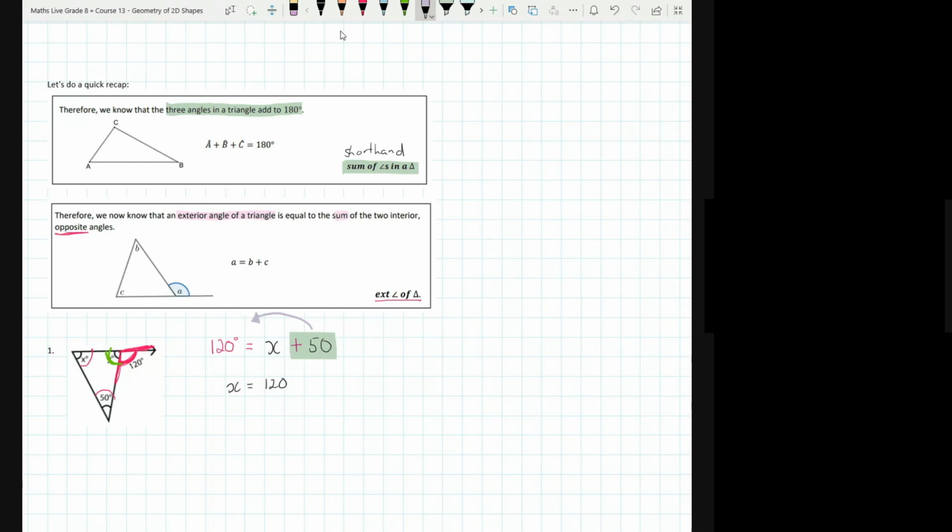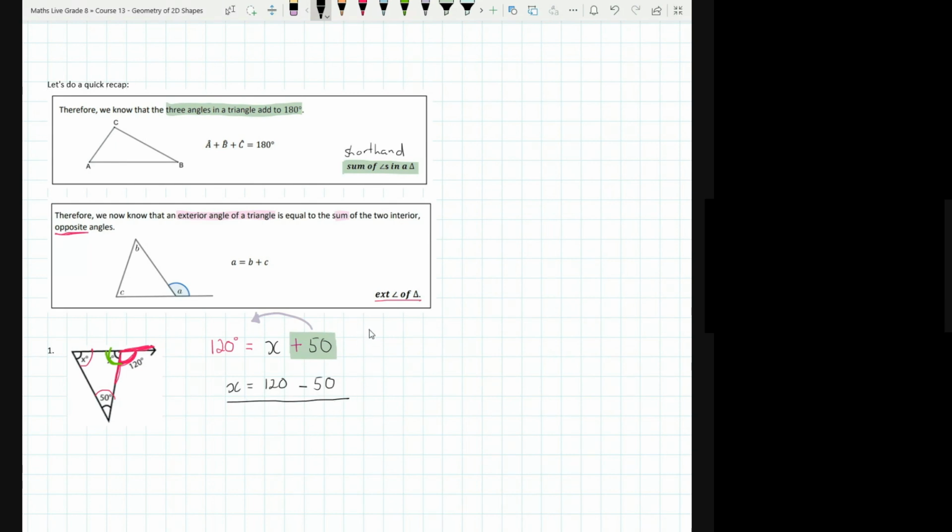When I transpose, my sign changes, and now I have minus 50. So we have x is equal to 120 minus 50, and this is where Umar got his equation from.